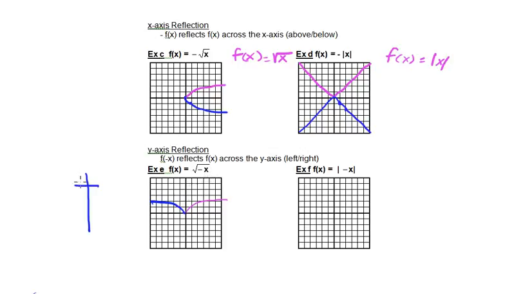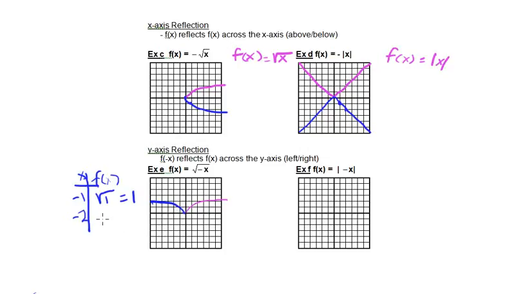So again, we'll pick some values for x such as negative 1 and say negative 2, and then do the calculations here. And then when we calculate f of x, we're going to see that the square root of a negative negative 1 is positive 1, and that's just going to be equal to 1. So when x is equal to negative 1, then y is equal to positive 1.